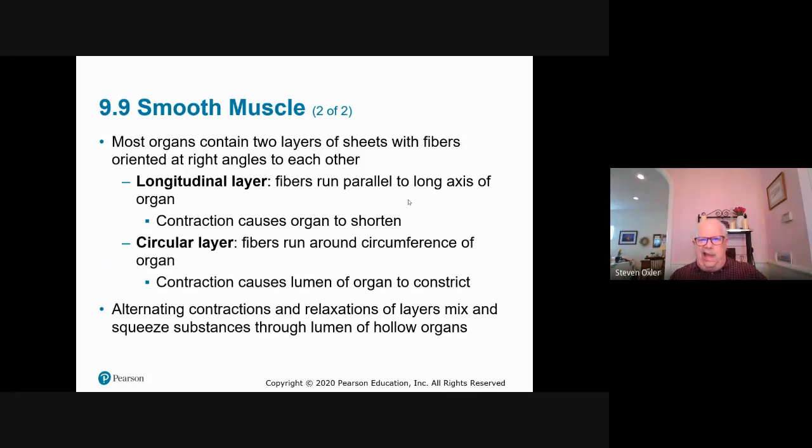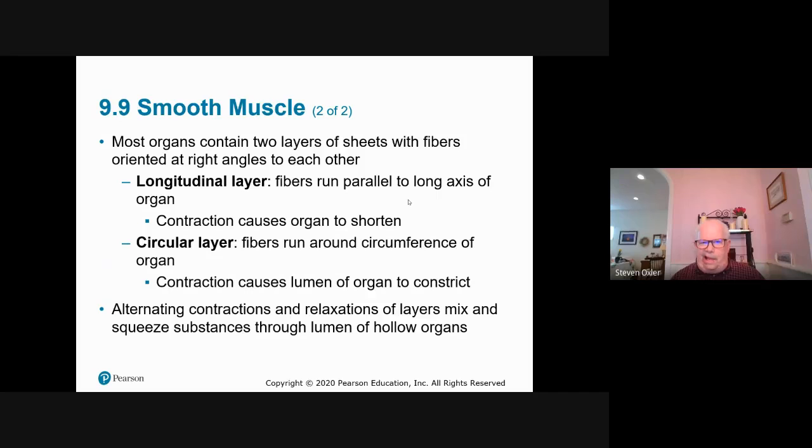Most organs contain two layers of these sheets: a longitudinal layer where the fibers run parallel to the long axis of the organ, and contraction of these muscles causes the organ to shorten, or a circular layer, fibers that run around the circumference of the organ, and contraction causes the opening of that organ to constrict.